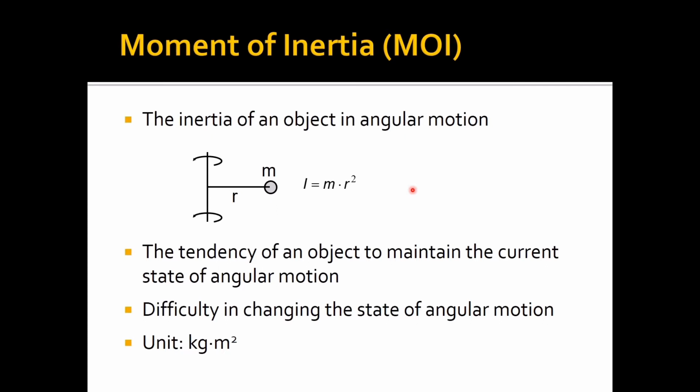Since you have already read these concepts, you should be able to better understand the concept of moment of inertia. This is actually the analog of mass in angular motion. You learned mass is the measure of inertia in linear motion, but moment of inertia is a measure of inertia in angular motion.